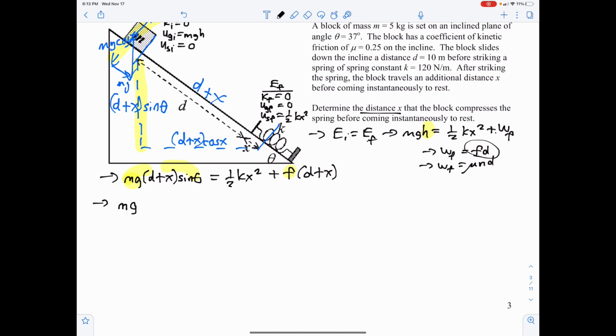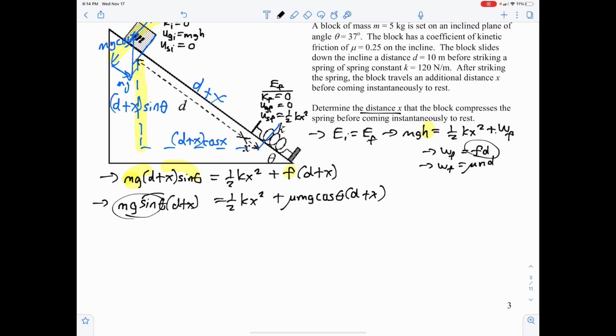So mg d plus x sine theta equals 1/2 kx squared plus, now friction is mu times normal force, so we're going to go mu times mg cosine theta, we're substituting for normal force, times the distance, which is d plus x. So mg sine theta times d plus x.